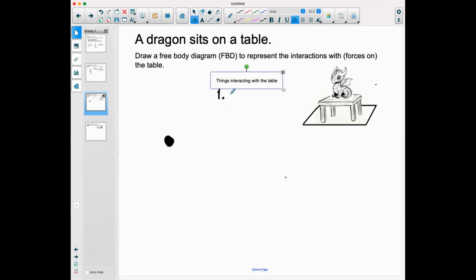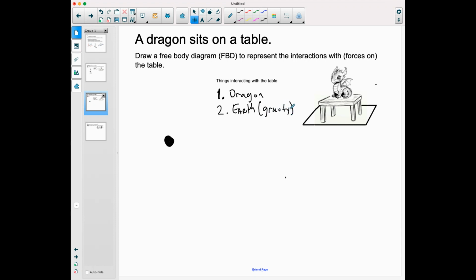First thing interacting with the table is, of course, our dragon. A second thing interacting with the table is the earth. After all, the table has weight. And again, the interaction between the earth and the table is gravity, or weight.